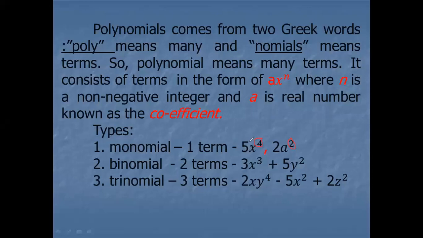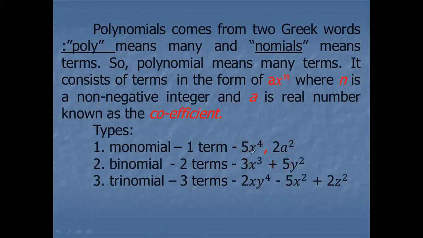What is a real number? Those numbers on the number line, positive or negative, are all real numbers. So negative 5 is real, negative 3, positive 5 is a real number. That is what we call the coefficient.